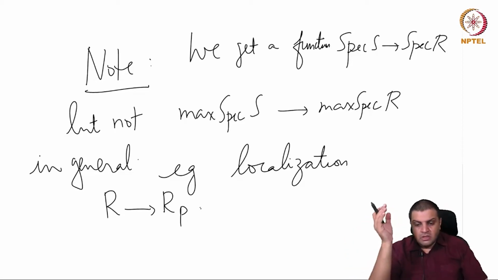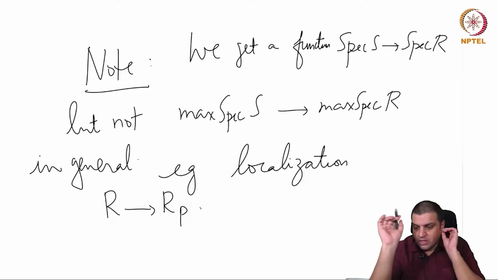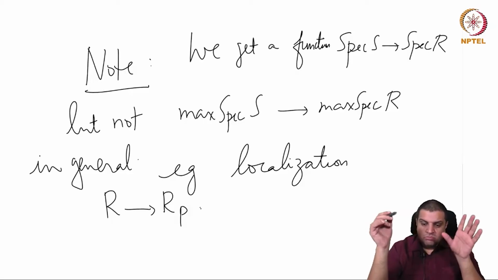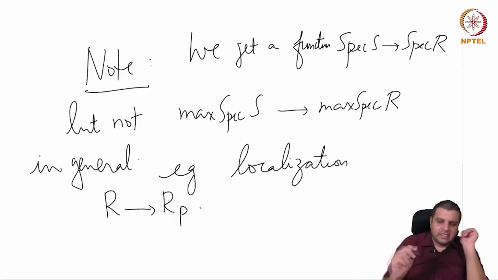But it so happens, and we do not need the result in our course, so we will not prove it, that if R and S are finite type algebras over the same field, and we have a map given by polynomials, then maximal ideals will contract to maximal ideals. However, that requires a proof, and it is very special to polynomial rings over fields, or some similar rings. So we will not attempt proving it, and we will not explicitly need it either.